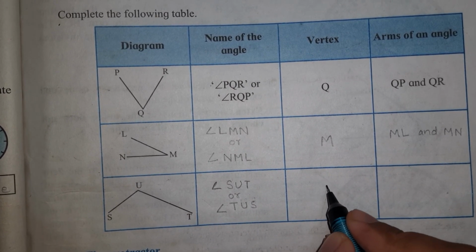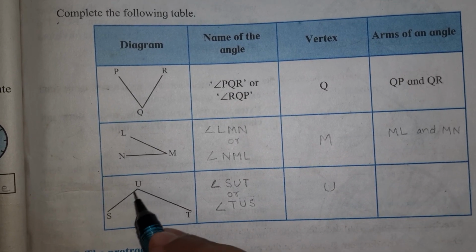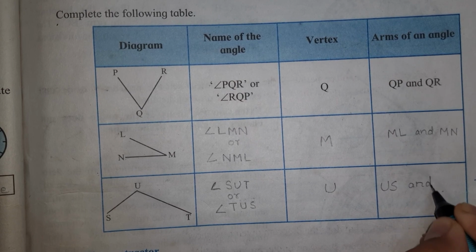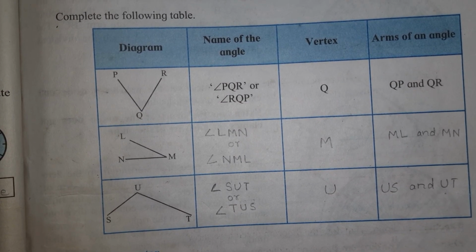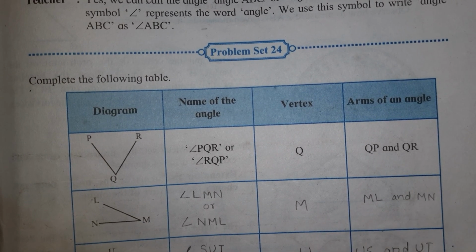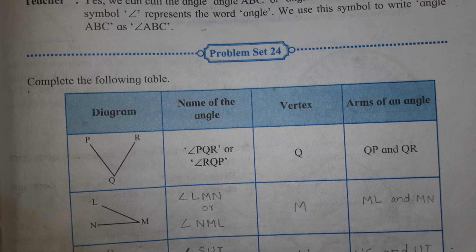Then what is the vertex? U is the vertex. And arms are US and UT. So this way we have to write the name of the angle, vertex and arms. So this practice set or problem set 24 you have to solve in your notebook. Okay. Thank you.